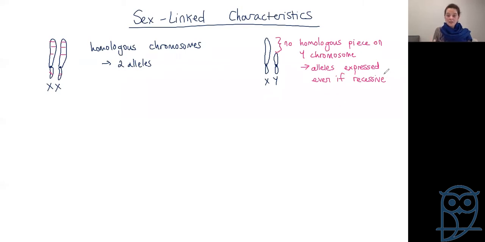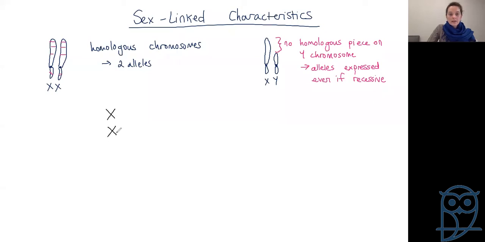And that then links on to things that we talk about. So things like colorblindness is sex-linked because the gene for colorblindness sits at the top of this X chromosome. Hemophilia is another one that sits at the top of this chromosome. So we can say that hemophilia is an X-linked disease. So we would have another way of writing it.